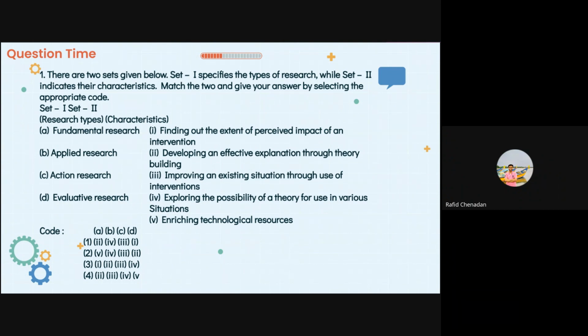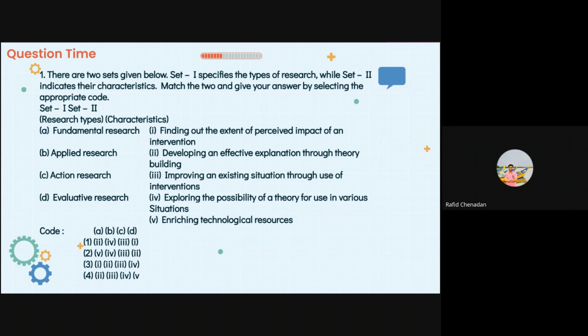I'm sure that even if you haven't read a lot about research, it's an area where you can simply guess and find the correct answer. Even if you don't know anything about research, try guessing now. The first one is fundamental research, the second applied research, action research, evaluative research. From the names you can say fundamental is something very basic, applied is about application, action involves an action, evaluative has an evaluation.